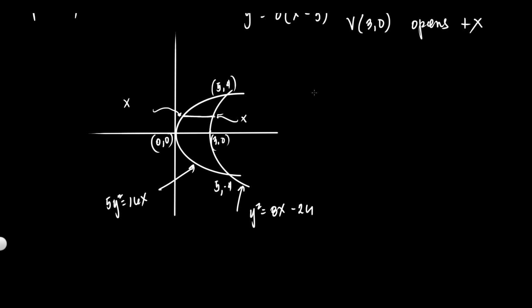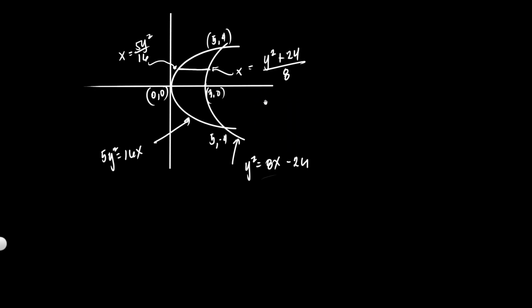So we now have the differential area and we only need the limits. Let's solve for x. From the first parabola, x is y squared plus 24 over 8. For the other, x comes from 5y squared equals 16x, so we have 5y squared over 16. Now we can get the area.